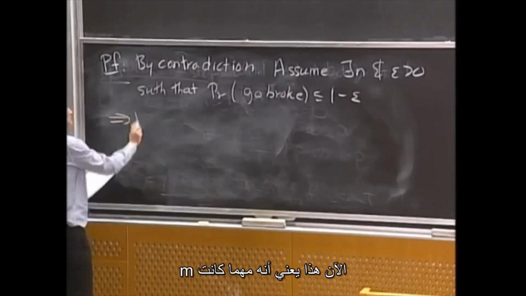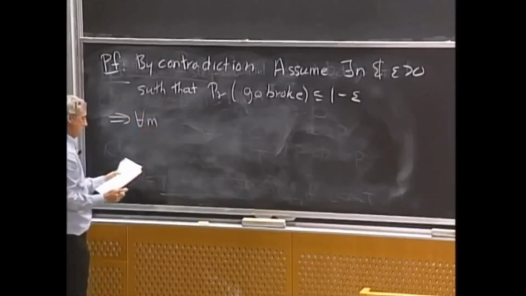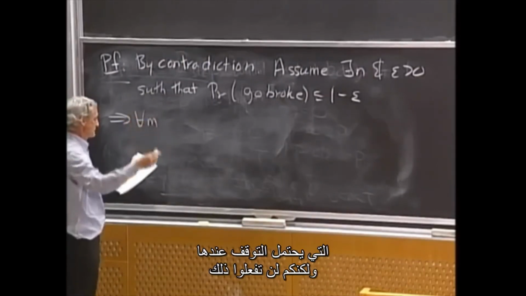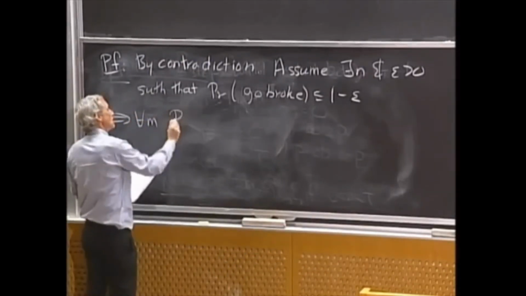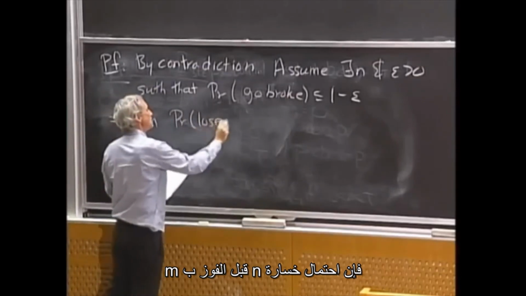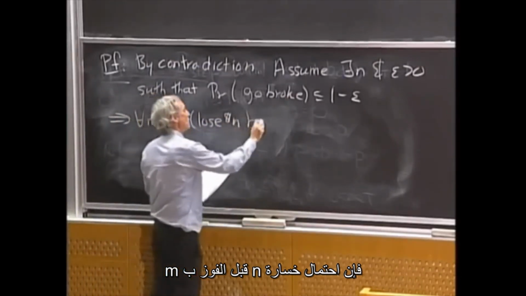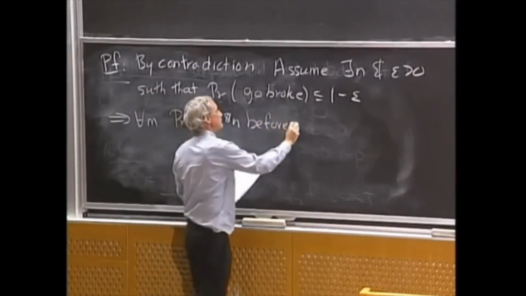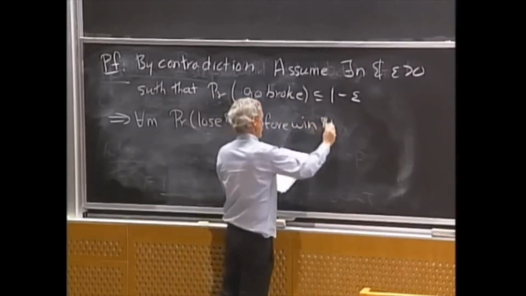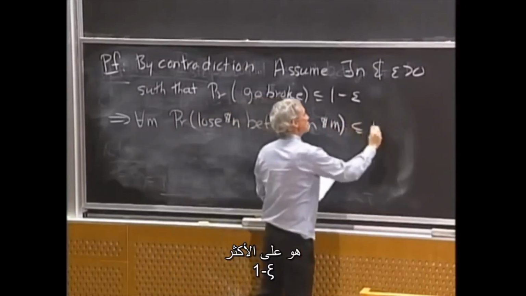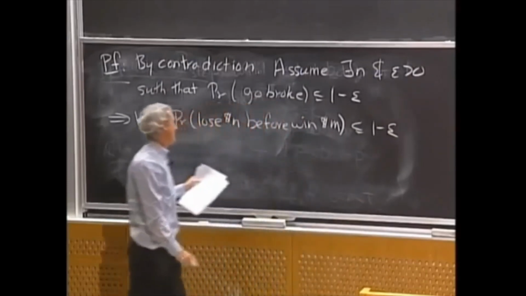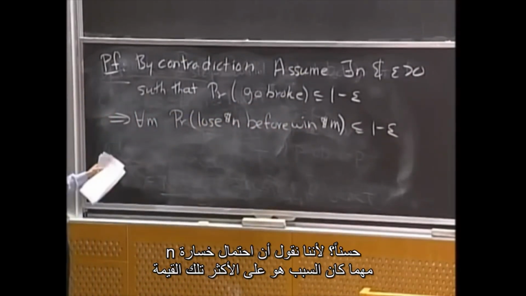Okay, now that means that for all m, where you might possibly stop, but you're not going to, the probability you lose n before you win m is at most 1 minus epsilon. Okay?